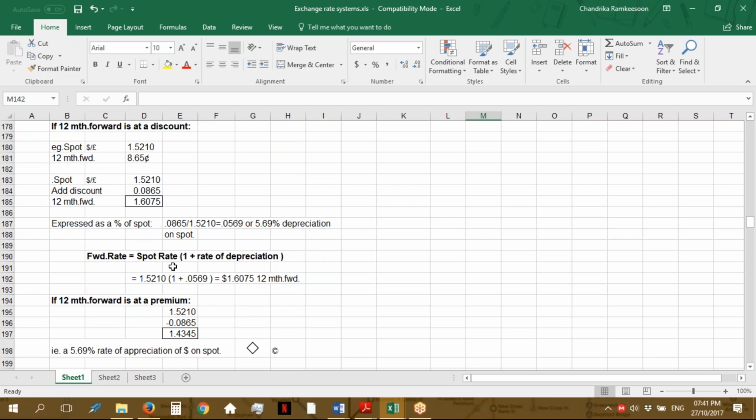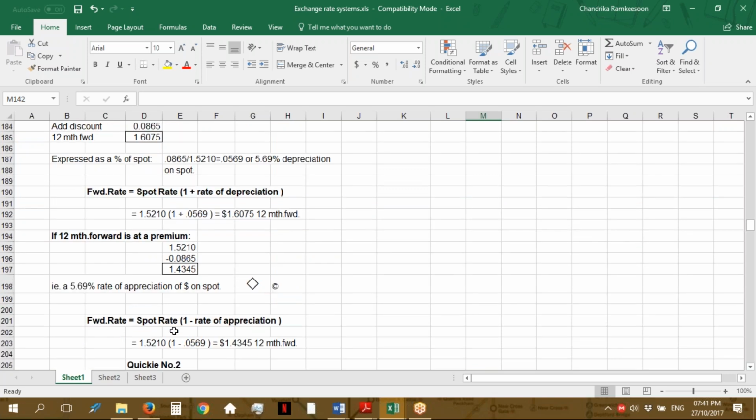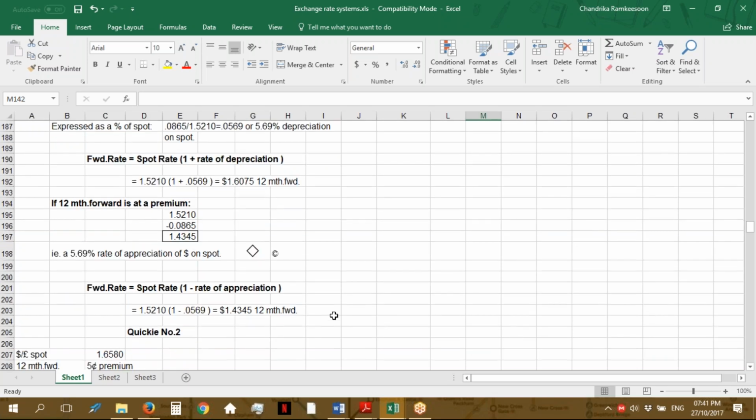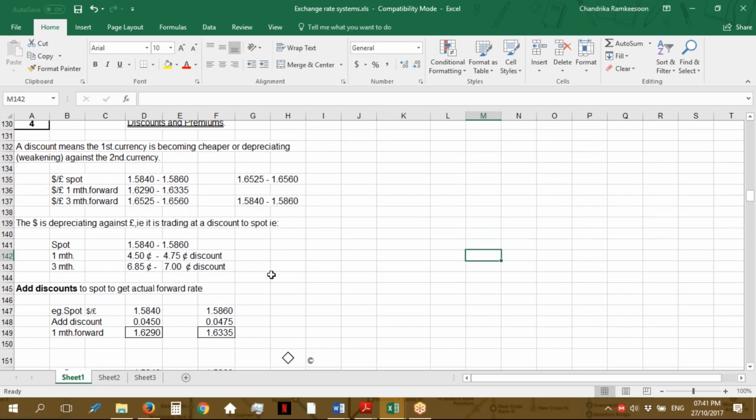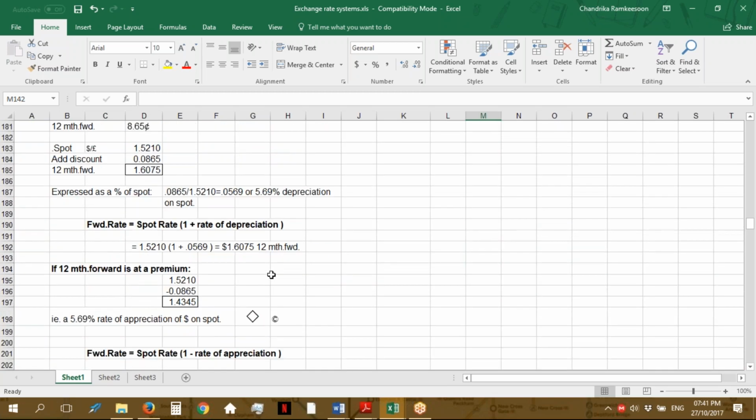And notice, therefore, the forward rate, if the currency is expected to weaken, is the spot rate times 1 plus the rate of depreciation. Remember, just now I used 7% and I said 1.07. And if it's the other way around, it will be spot rate times 1 minus the rate of depreciation. So those are the two legal ways, so to speak, using discounts and premiums and using rates of appreciation and depreciation.